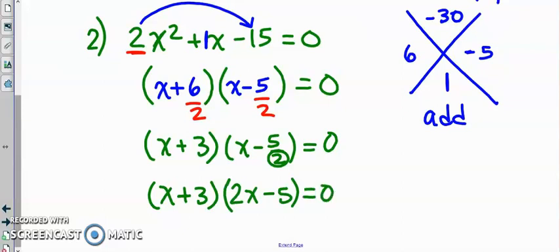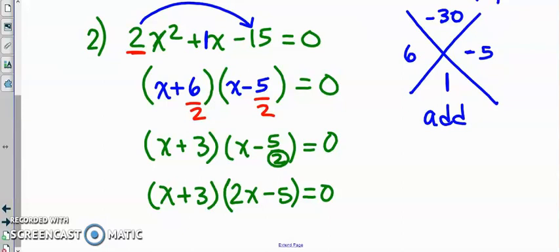So we're looking at our factors of x plus 3 and then 2x minus 5. If we multiply this back out, that gives us 2x squared plus x minus 15. The 5 over 2 won't give us back that original expression.